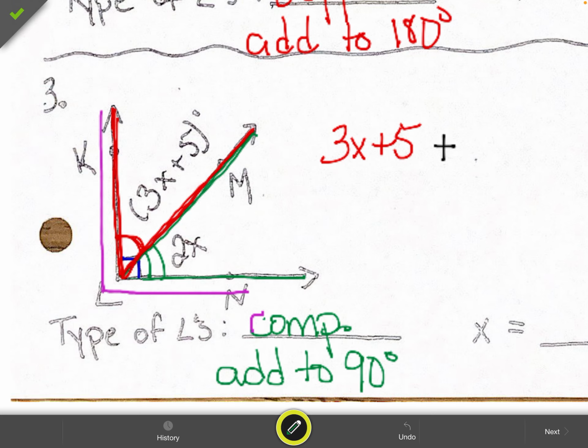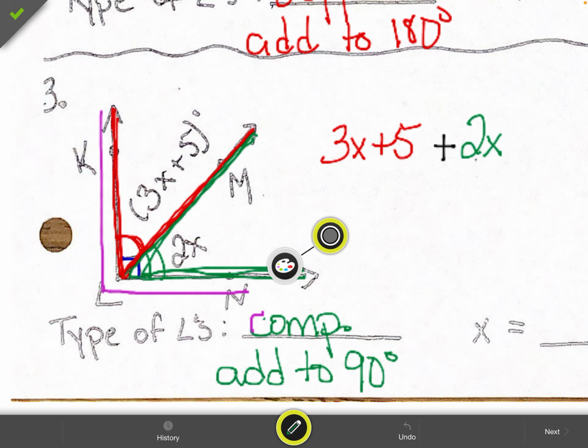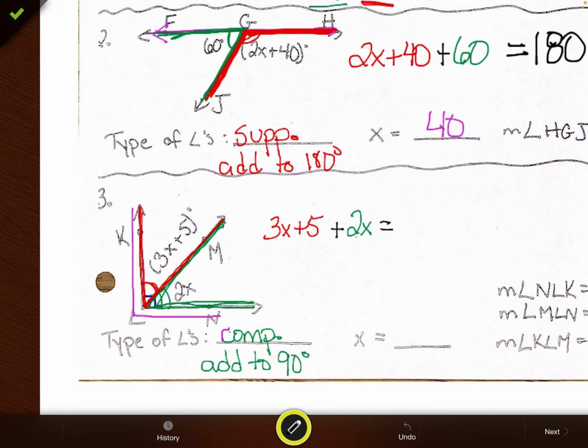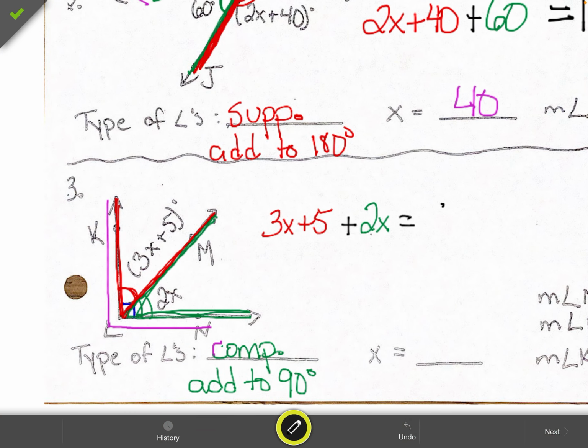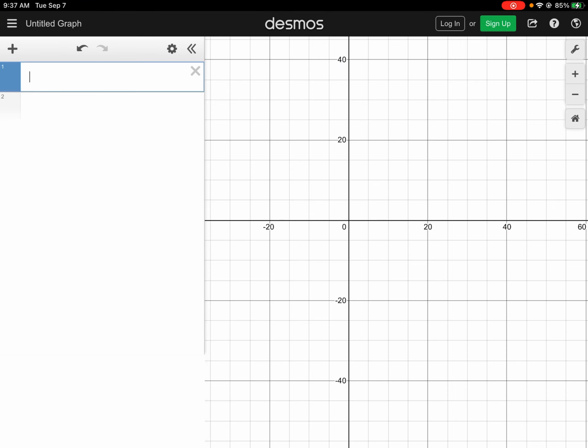Okay, again, that would be this one right here. So that's 2x equals, complementary angles add up to 90. Again, work smarter, not harder.